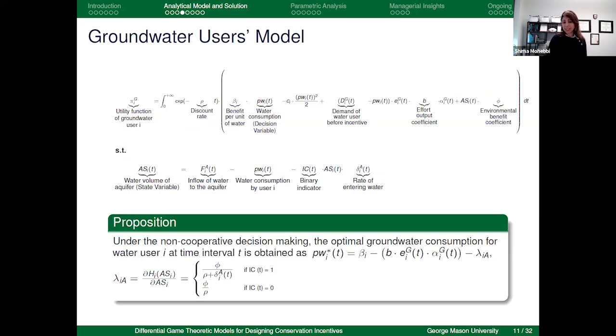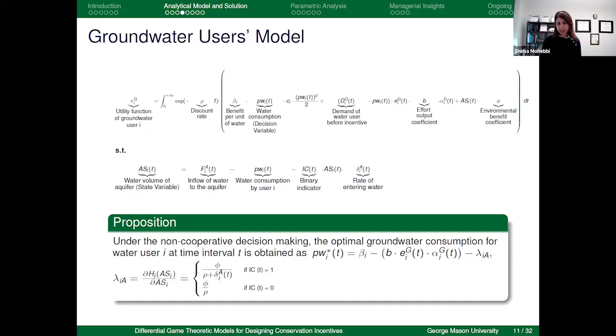Here you can see the utility function of groundwater users. We have the discount rate for the value of money over time, the benefit of using water through crop sales, costs, the monetary incentives that they receive from the NGO, and the environmental benefit of having more water in the river.